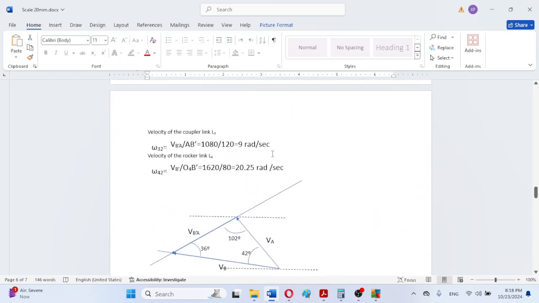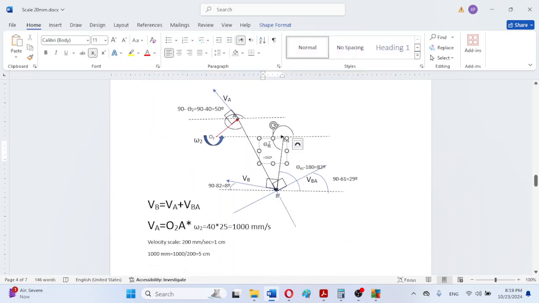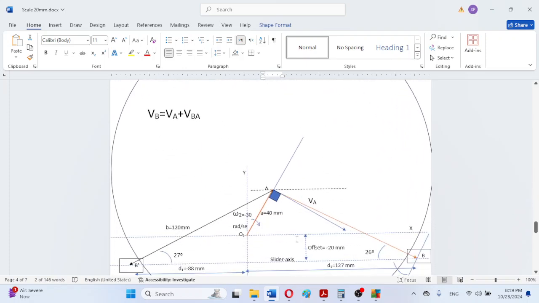That can also be mentioned here. We can copy this label, paste it there and change it to 60 degrees.